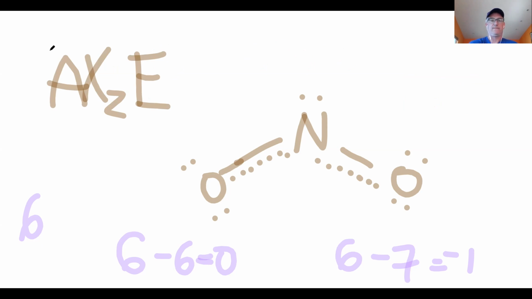So it's AX2E1. So we looked that up. AX2E1. Which group is that going to be in? How many electron groups are around the nitrogen? How many regions of electron density? That's the other way of putting it. Other than electron groups, how many regions of electron density are there around the central nitrogen?